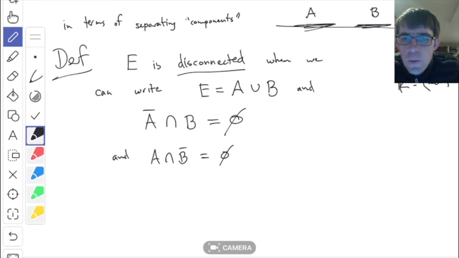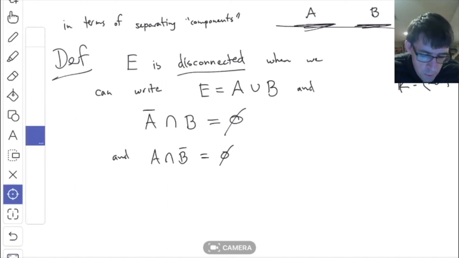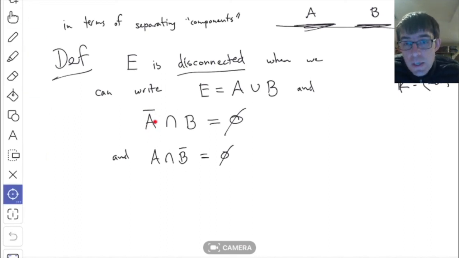So the reason we put those closures in there is to make sure that these two chunks not only have no overlap, but also don't just barely touch each other on their boundaries. Remember, A closure means all the points of A plus additionally all the limit points of A, which is basically like throwing in also any boundary points.